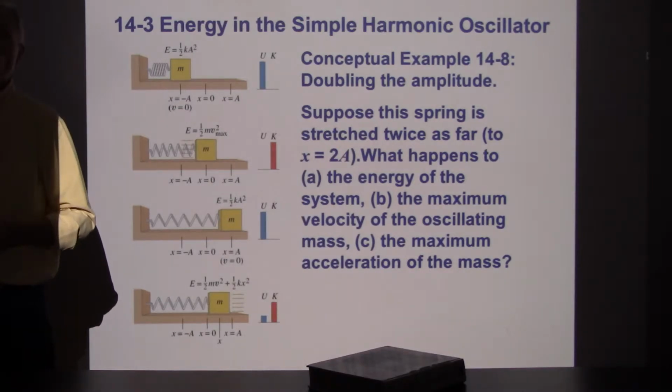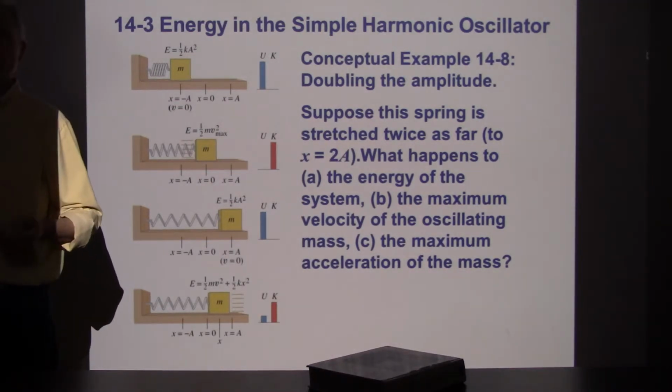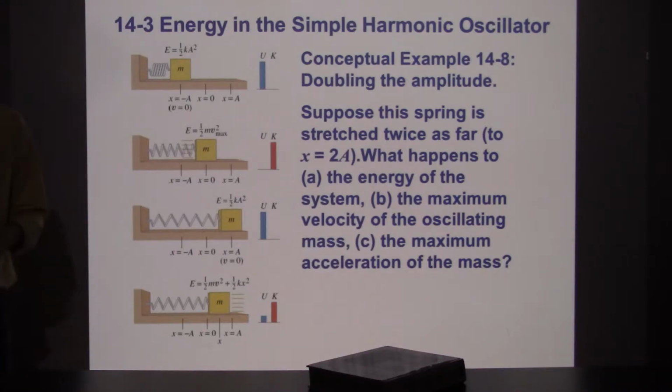It has to go twice as fast, or 10 times as fast. So that's an interesting property of simple harmonic motion. The frequency depends on the K value and the mass, but it doesn't depend on the amplitude.